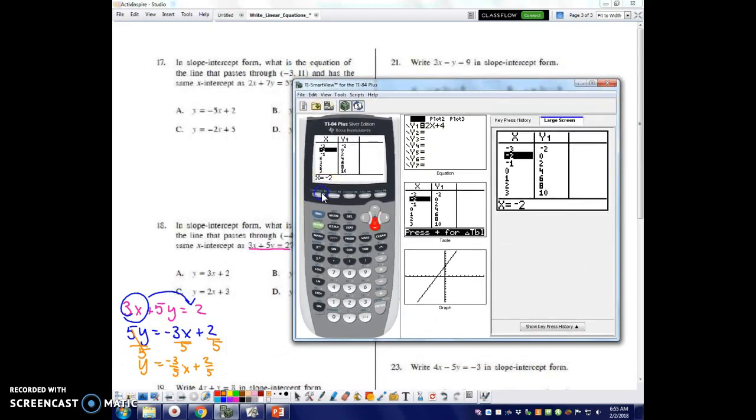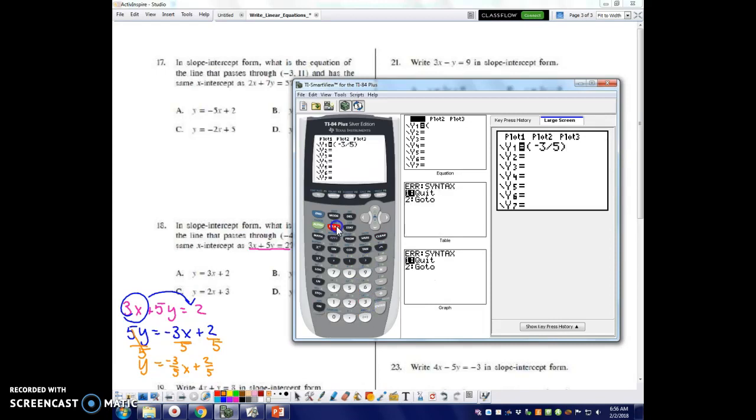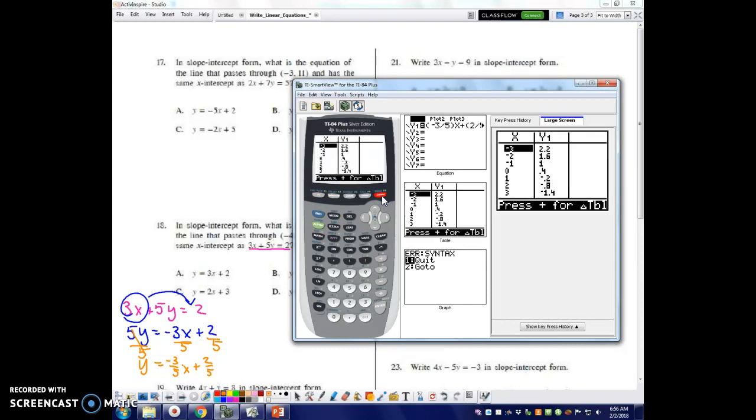Okay, let's type that in. So we have y equals negative 3 over 5 x plus 2 over 5. Go to the table. We need to find when y is 0. When y is 0, it doesn't look like it has it.